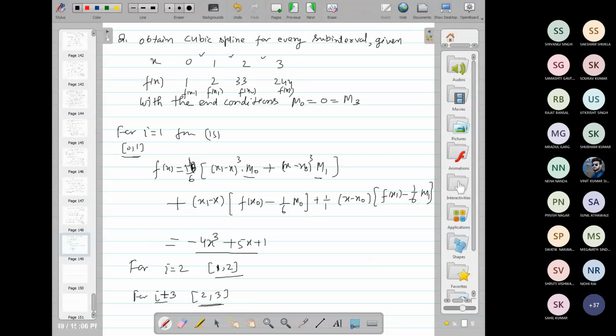I am writing the answer. What will come for the second interval, 1 to 2, f(x) will be 50 x cube minus 162 x square plus 167 x minus 53, and for the third interval f(x) will be minus 46 x cube plus 414 x square minus 985 x plus 715.